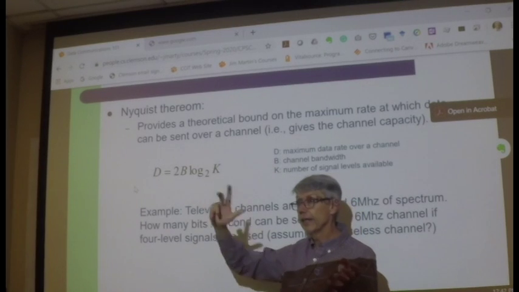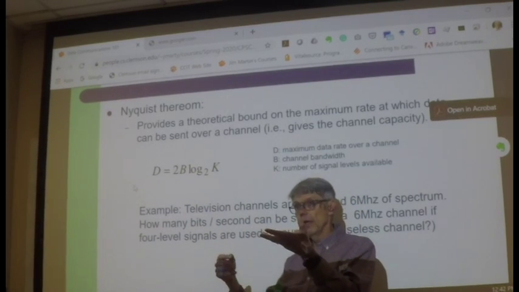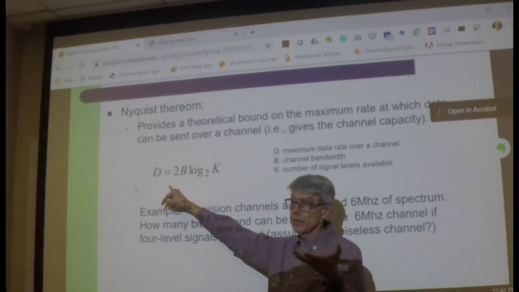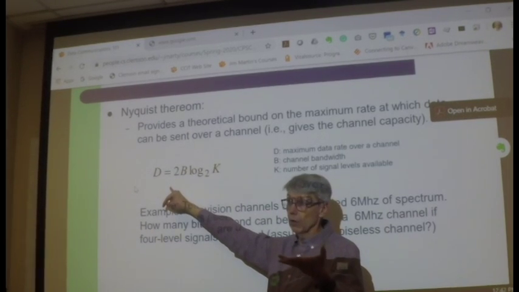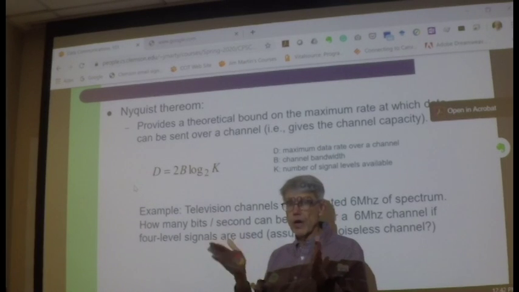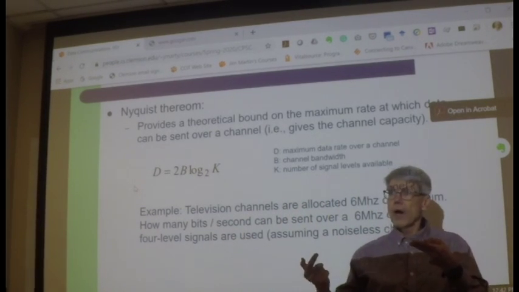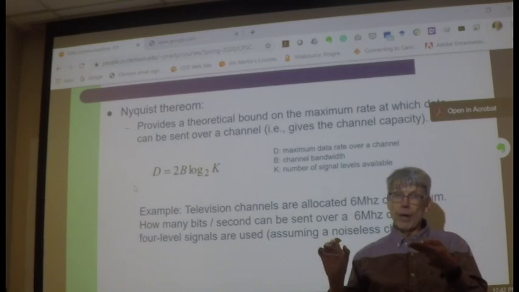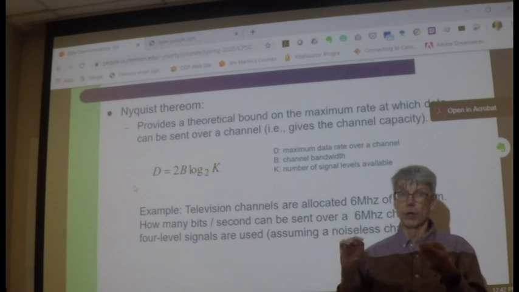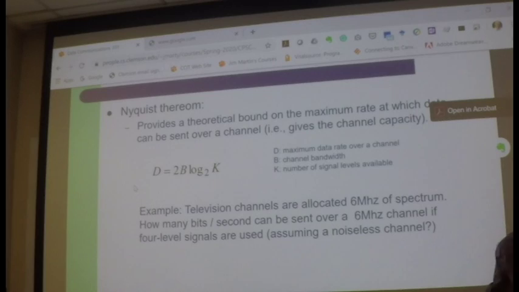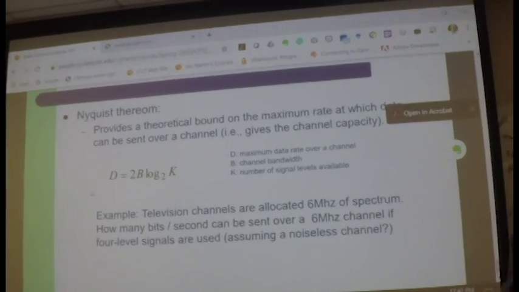Shannon predicts the max data rate for a given channel of a certain size, taking into account a parameter that represents the noise level on the channel. So it's a much more accurate estimation of the maximum data rate.